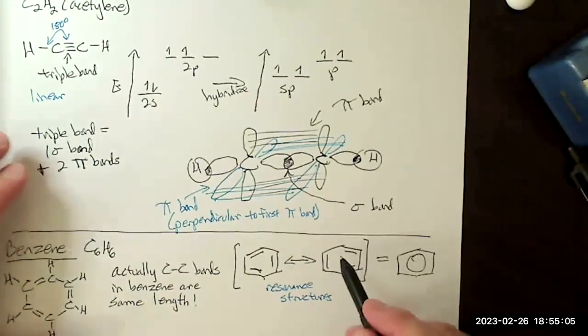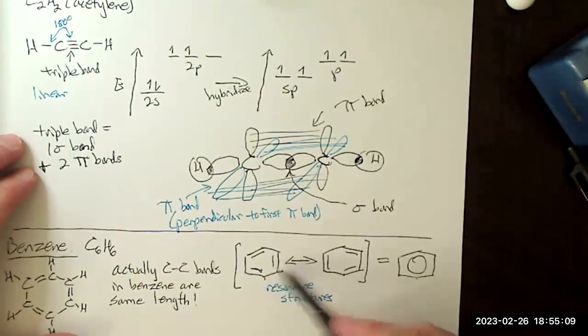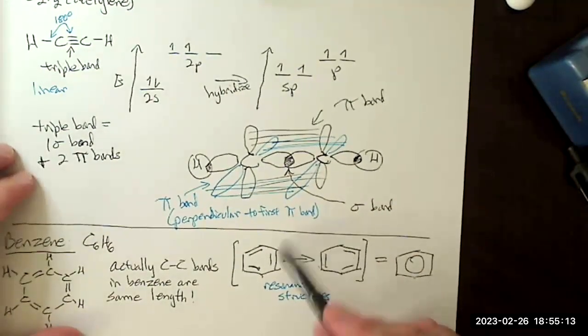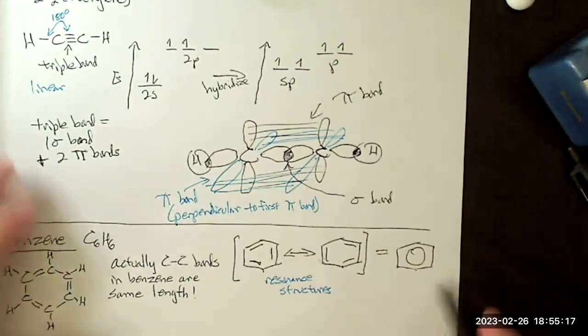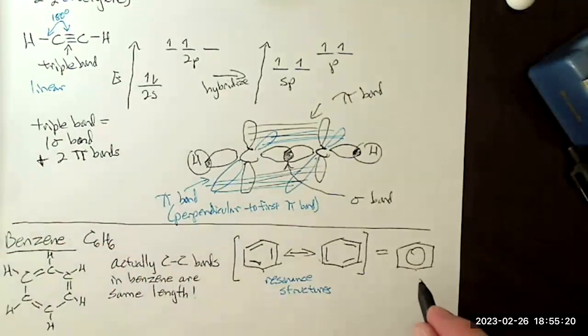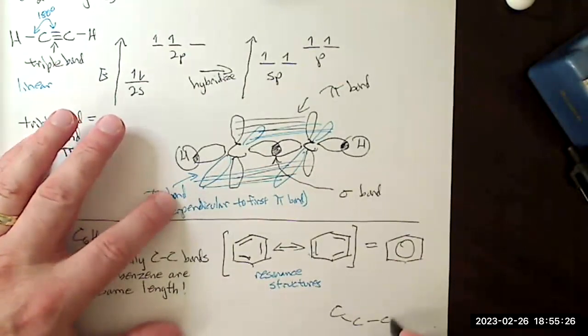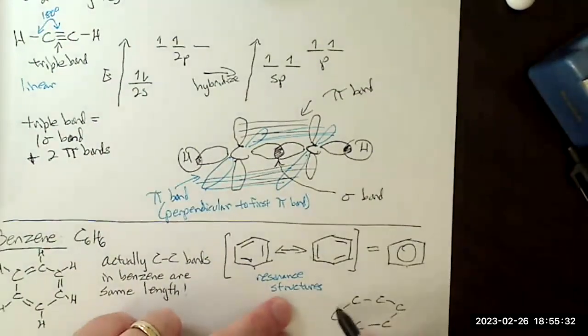Resonance structures are equally valid Lewis structures. And it's not that half the time the molecule is one and half the time it's the other. It's that all the time the molecule is an average of these two. Now, what this ends up looking like is we're going to have our carbons with a sigma system, and then all of these p orbitals.